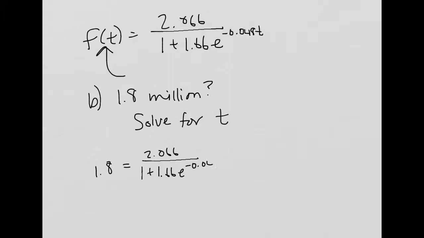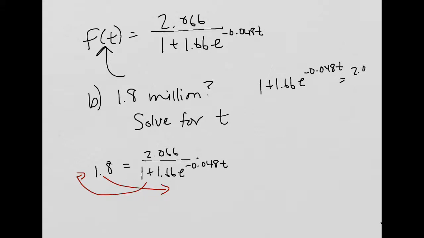So here's my equation. I want to solve for t. I'm going to multiply both sides by this denominator and then divide, so I'm actually moving this section down here. It's going to look like this: 1 plus 1.66 e to the negative 0.048 t equals 2.066 over 1.8.